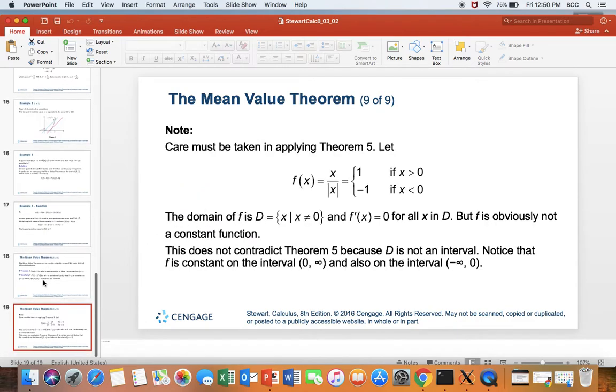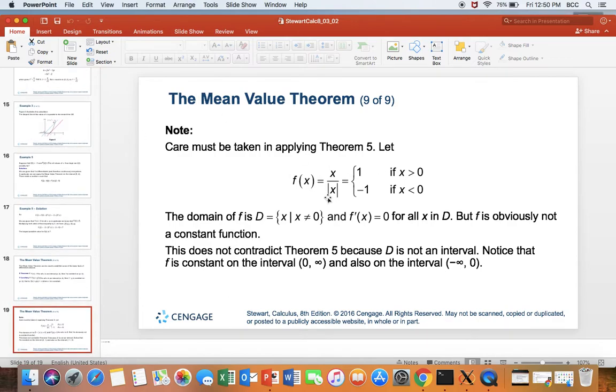Now, care must be taken. Look at this function: f(x) equals x over absolute value of x. When x is positive, the absolute value of x is x, so you get 1. But when x is negative, the denominator is positive but the numerator is negative, so you get negative 1.